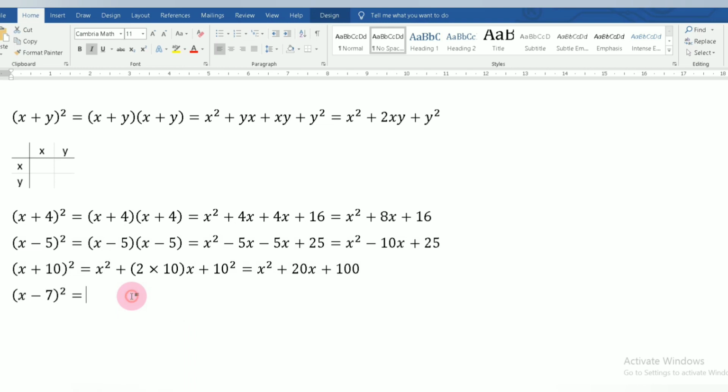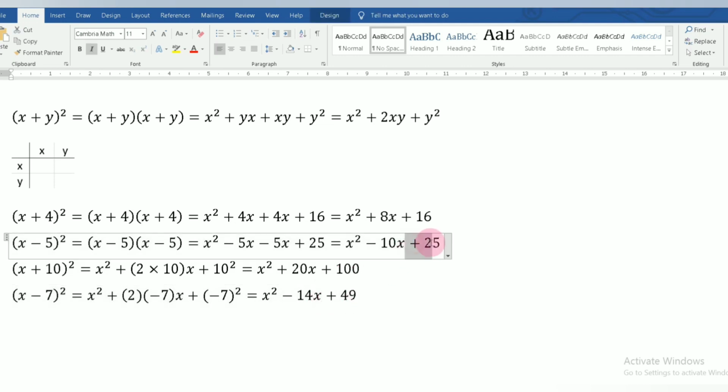If I have (x minus 7) squared, it will be x squared plus 2 times negative 7x as the coefficient of x, and then plus negative 7 squared. In the end, we have x squared minus 14x plus 49. Keep in mind that the third term is always positive, always. The second term, which is the coefficient of x, will be positive if you have addition, and negative if you have subtraction.